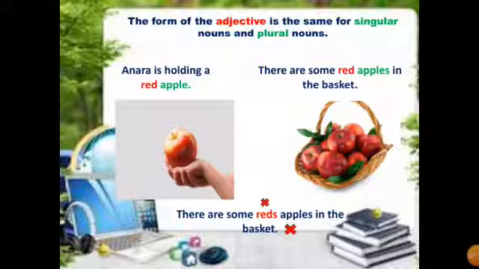There are some reds apples in the basket. It is a wrong sentence. We use the adjective red only in singular form. It is the same for singular nouns and plural nouns.